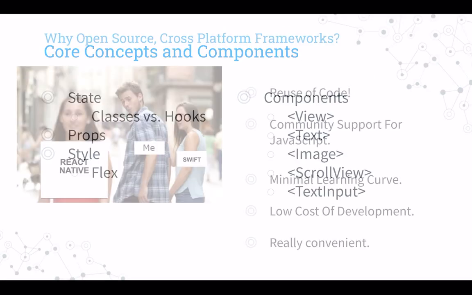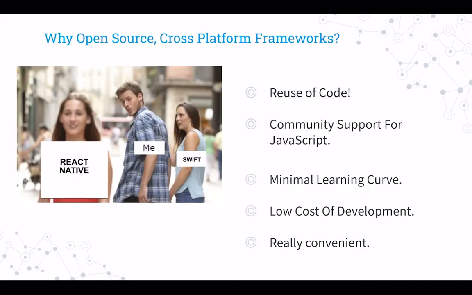Moving on. So now let's ask why we want to use these open source cross-platform frameworks in the first place. So number one, reuse of code. With these frameworks, you don't have to reinvent the wheel every single time. A lot of the code is abstracted for you, and so it makes development a lot quicker. Then we have community support for JavaScript.